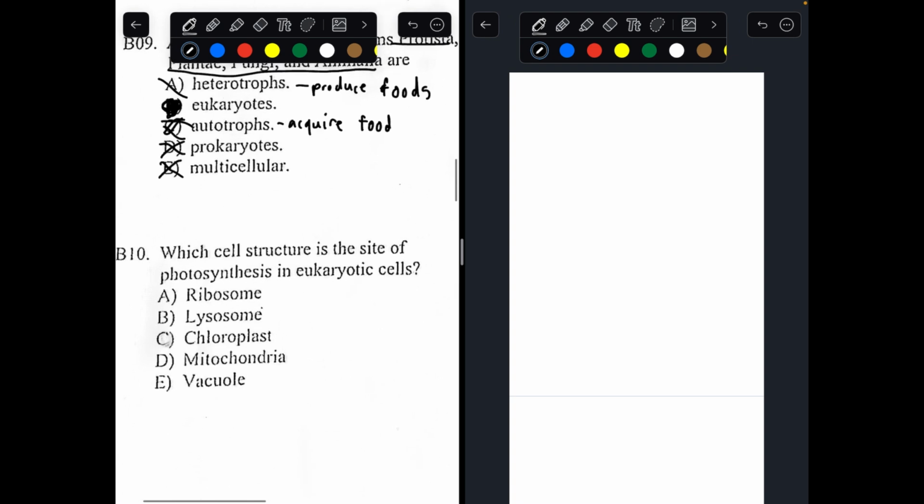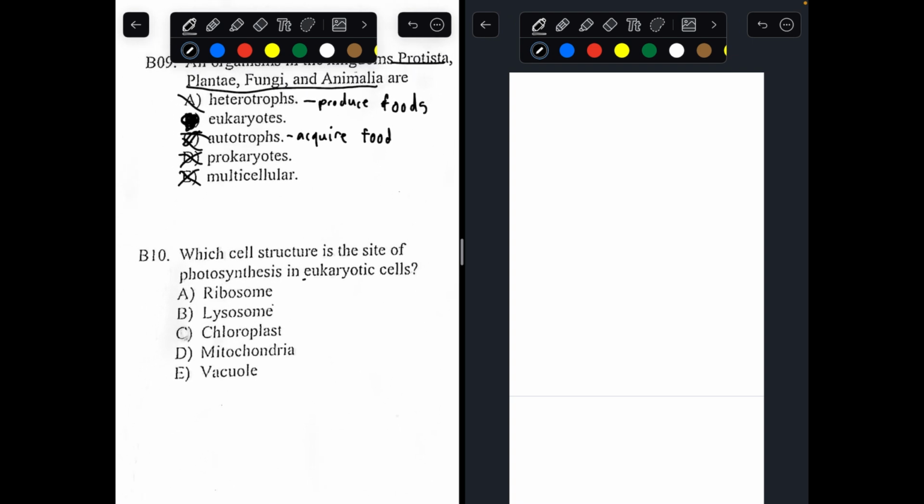Which cell structure is the site of photosynthesis in eukaryotic cells? Let's list out the function of each of these structures. Ribosome's function is to form proteins, to make protein synthesis. Lysosome's job is to use acids to break down materials.